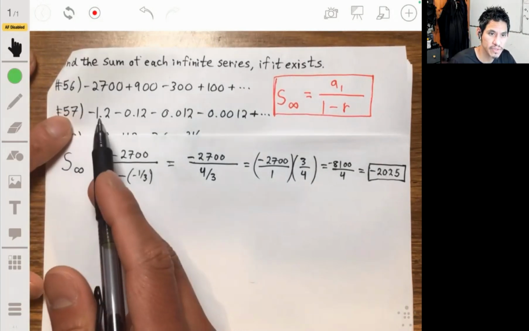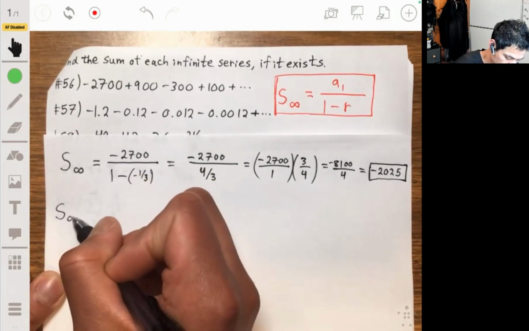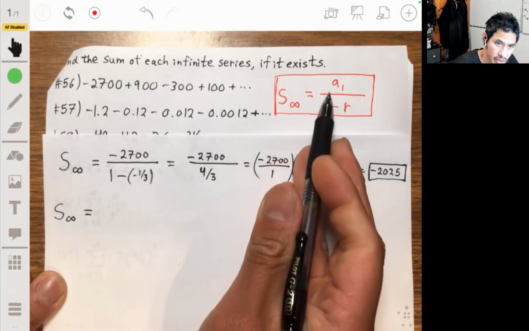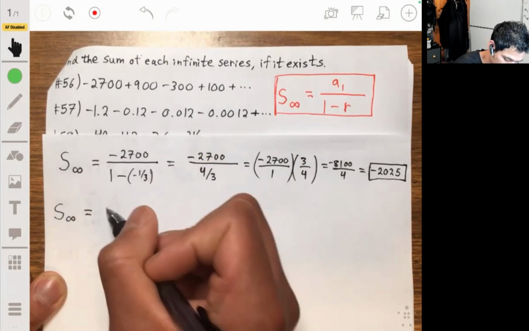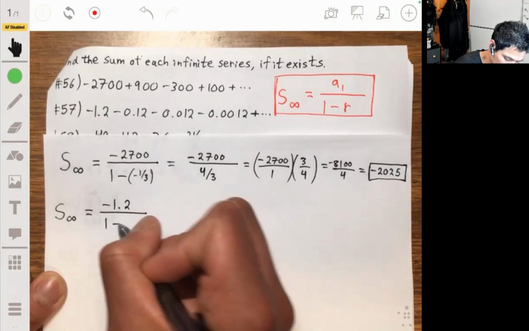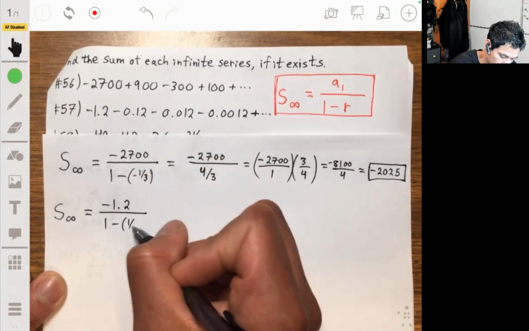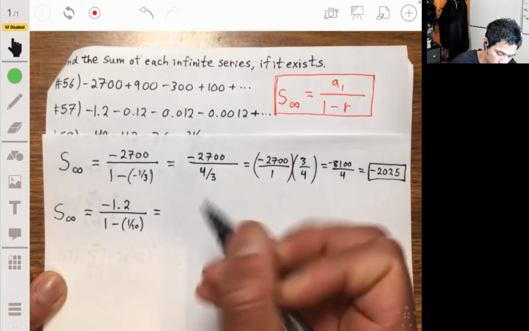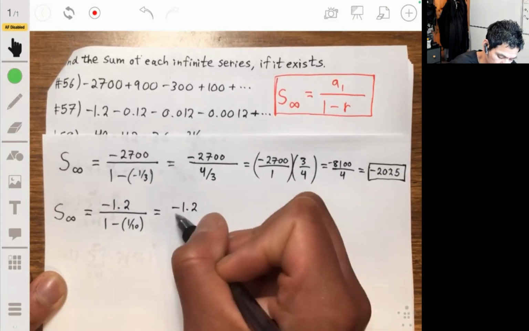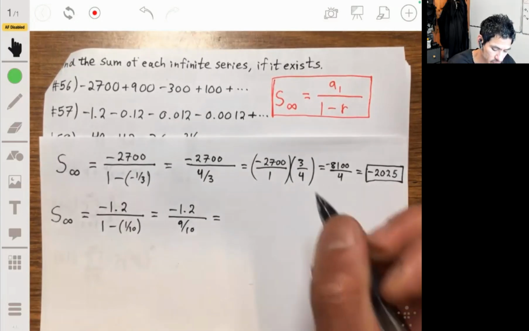All right, next one, 57. For this one, A1 will be that negative 1.2, so that goes on top. 1 minus r. R here will be 1/10. So we have negative 1.2 over 9/10, or negative 1.2 over 0.9.